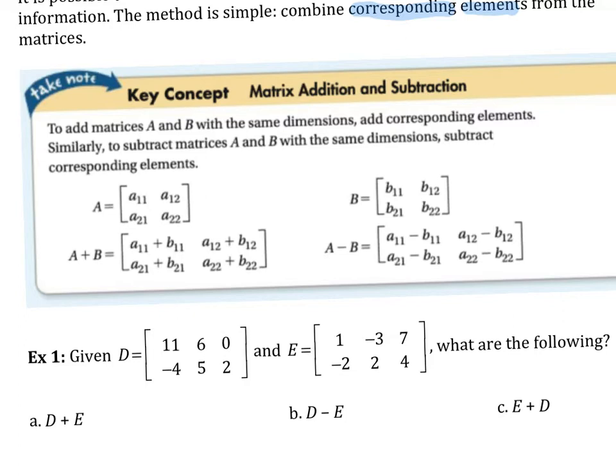If we are doing A plus B, what we do is combine the elements, right? So here, the A11 and the B11 combine here. And next, the A12 and the B12 combine right here.